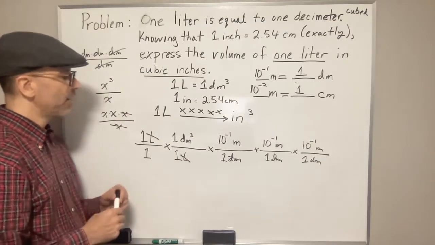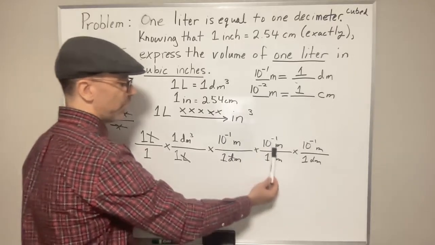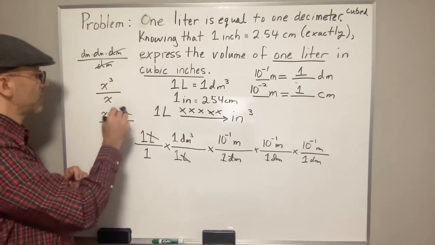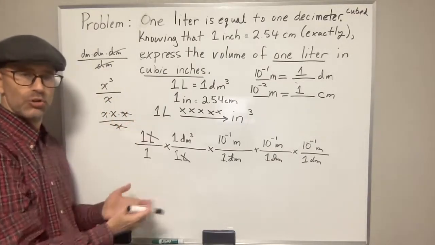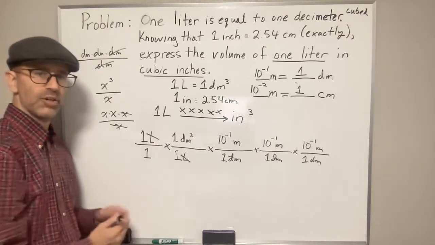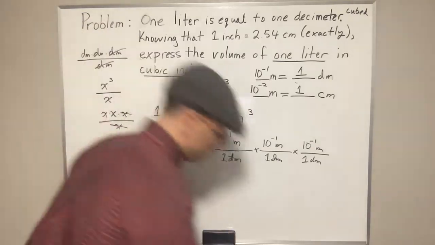Another way you could do it is, since this conversion factor is multiplied 3 times, that'd be like taking x times x times x. That'd be x cubed. So why not just cube the conversion factor? You save yourself some space in the process.